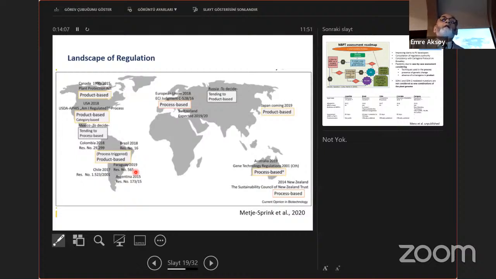And other countries like the European Union believe in process-based regulation. Russia is still to decide. They have not decided; they are still thinking about which approach they should adopt. And Australia believes in process-based regulation. New Zealand also has process-based regulation. They are adopting this.